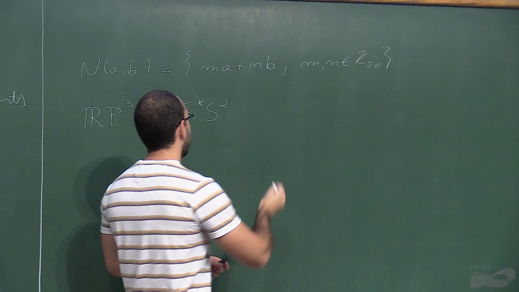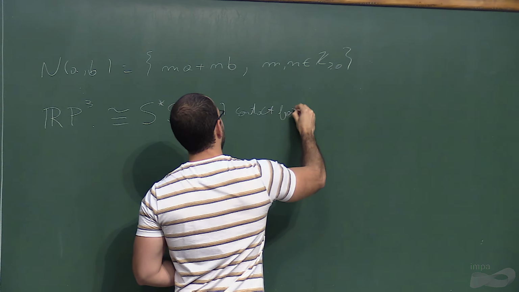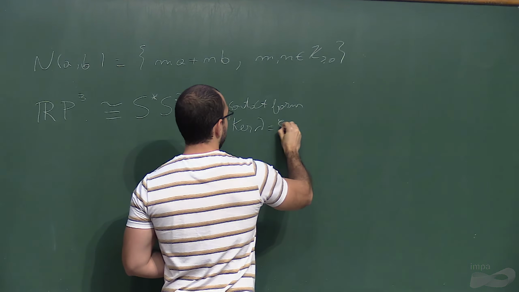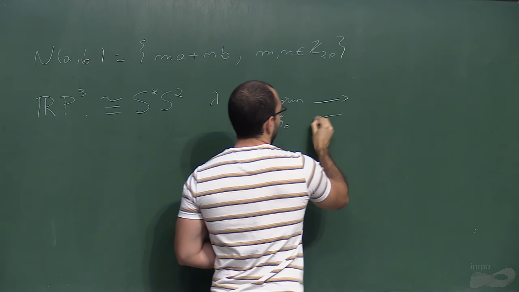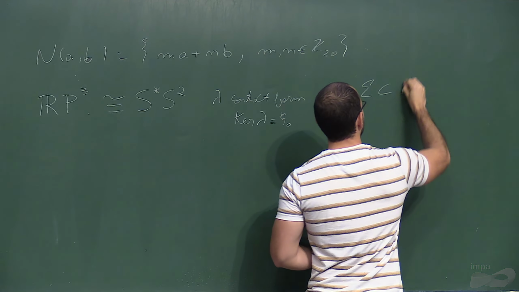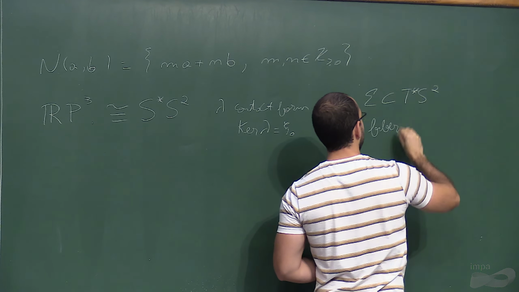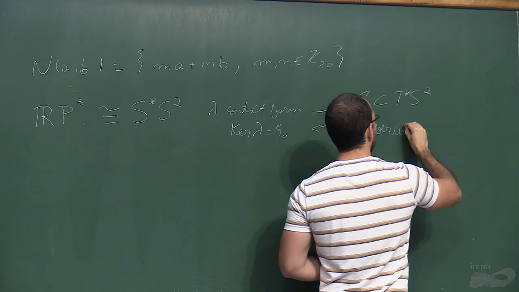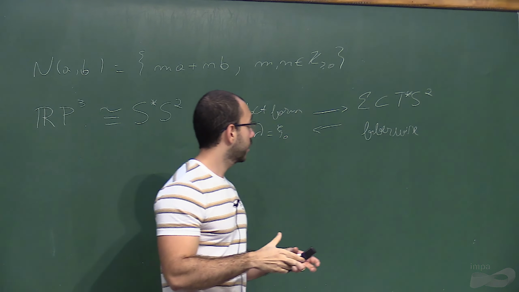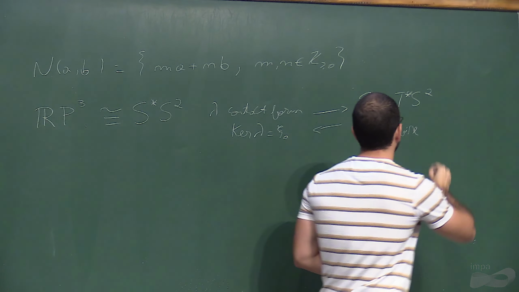And in fact, any contact form such that the kernel is the standard contact structure can be related to a fiber-wise star-shaped hypersurface in the cotangent bundle of S2. So this is almost the same exercise that Miguel just told us about, star-shaped sets in R2N and contact forms on the sphere. So fiber-wise star-shaped.